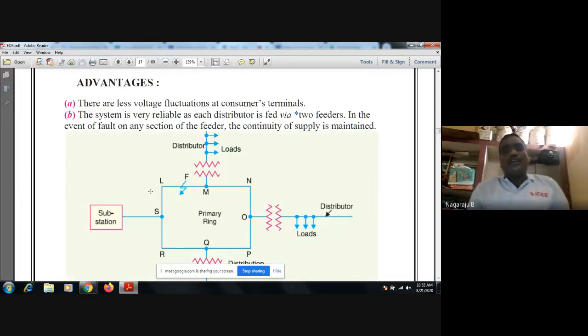From the M point, for the M distributor, we have the distributor lines. See here, various loads are connected.